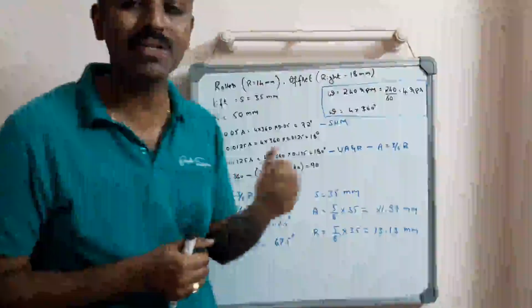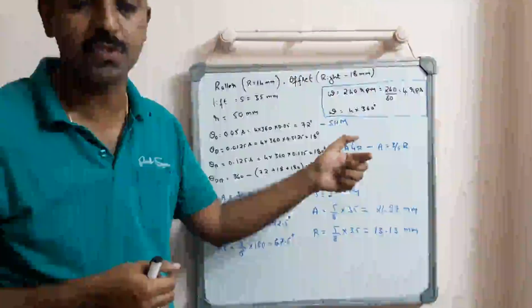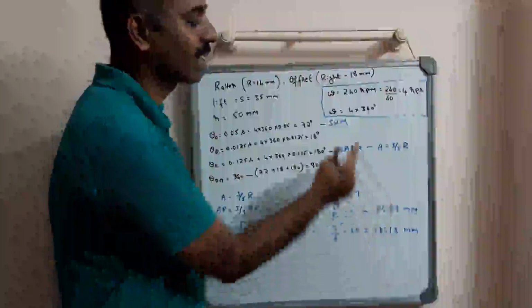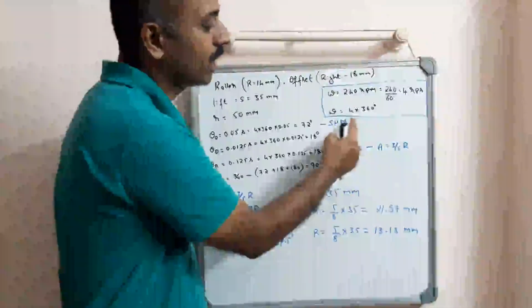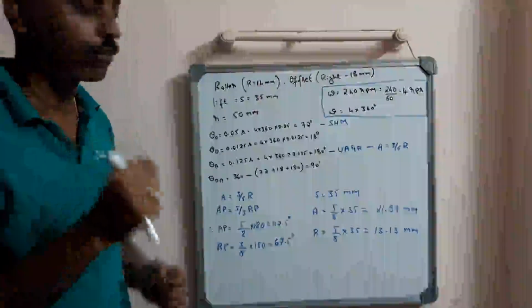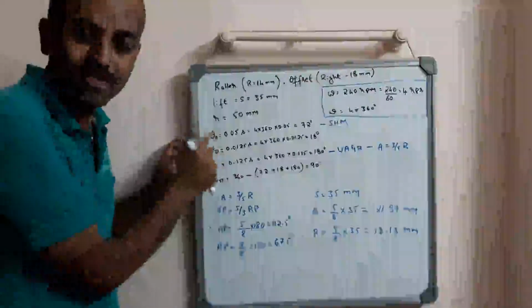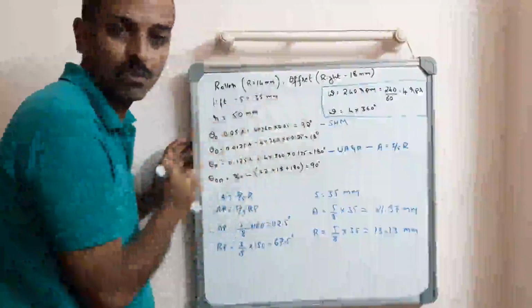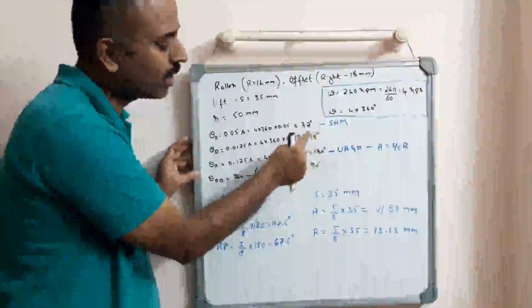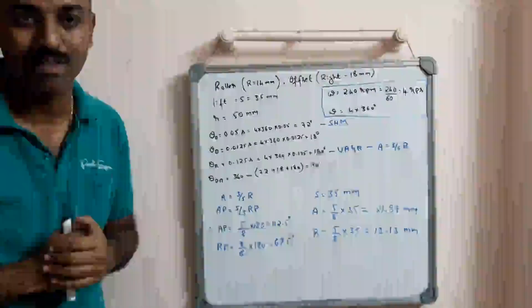That is, per second it is making 4 rotations. One rotation is equal to 360 degrees. Therefore, per second the cam is rotating 4 into 360 degrees. Therefore, for 0.05 seconds, 4 into 360 into 0.05, which comes to be 72 degrees.